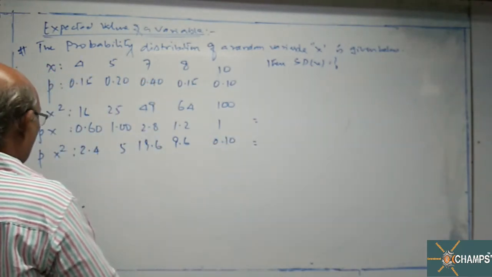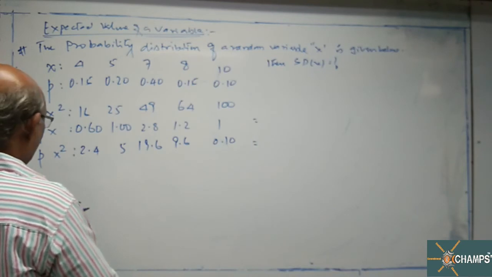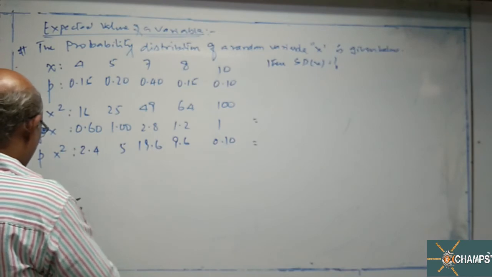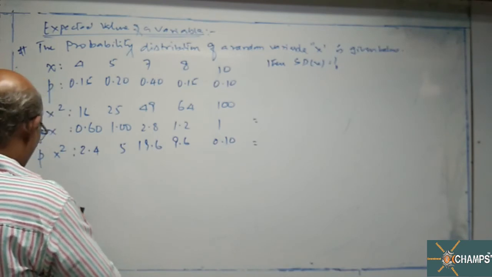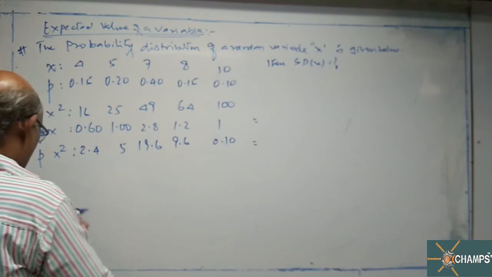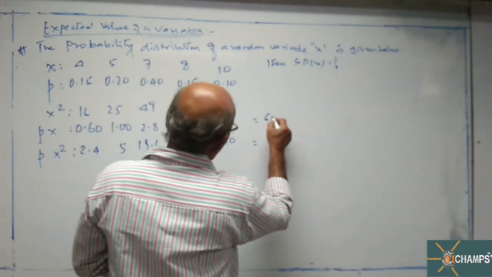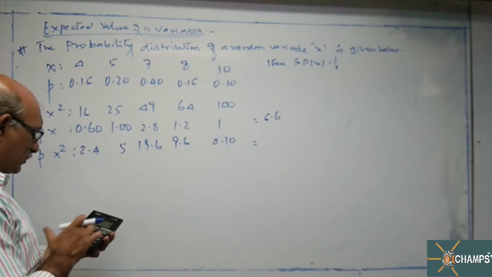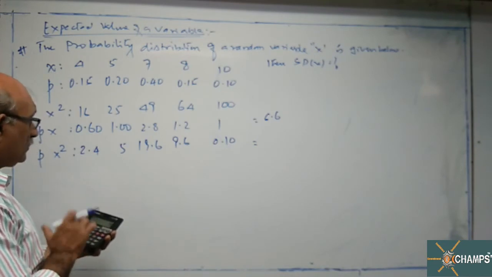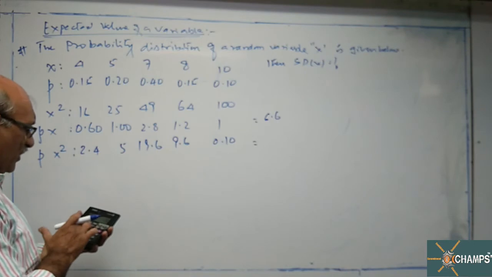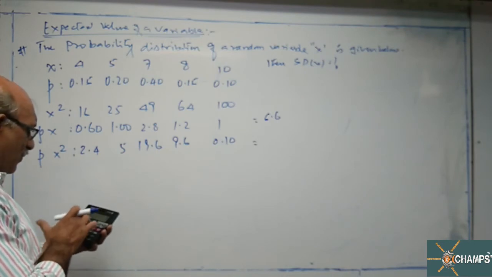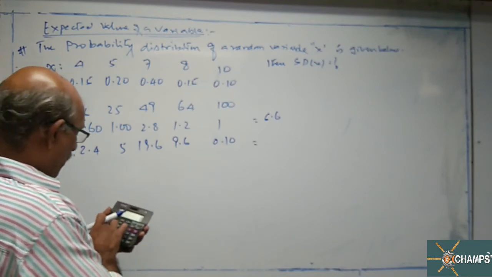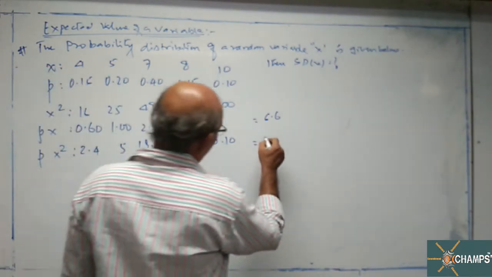Now this is 0.6 plus 1 plus 2.8 plus 1.2 plus 1, 6.6, sir. 2.4 plus 5, 19.6, 9.6, 0.1, 36.7.